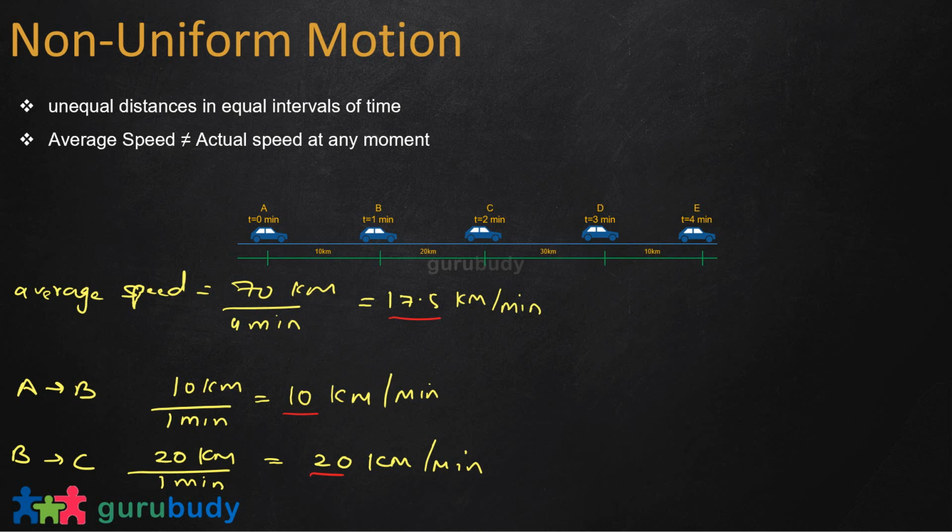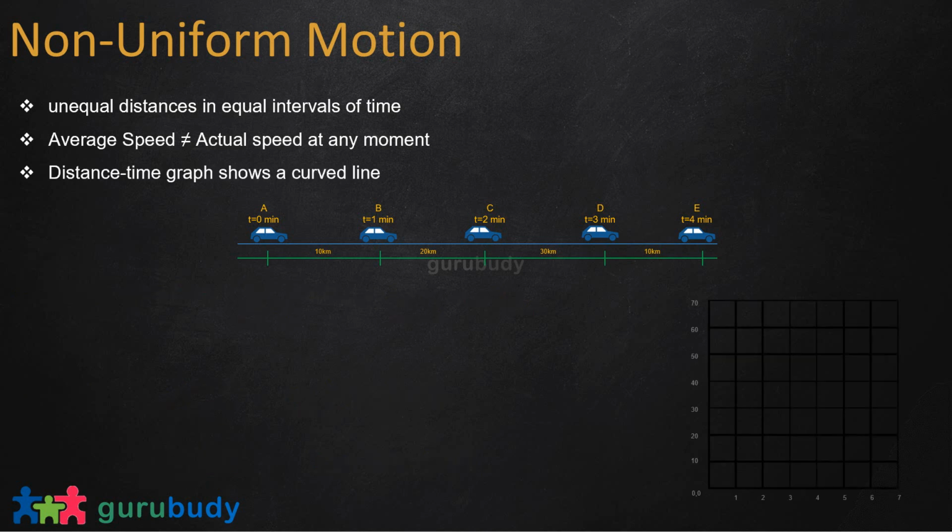Okay, let's move on. So another characteristic I want to show you guys of the non-uniform motion is the distance time graph. In a uniform motion, we saw the distance time graph was a straight line. Okay, in a non-uniform motion, let's look at what that curve looks like. So if I want to plot this, let's look at the points here. Let's say the car is starting from position 0.